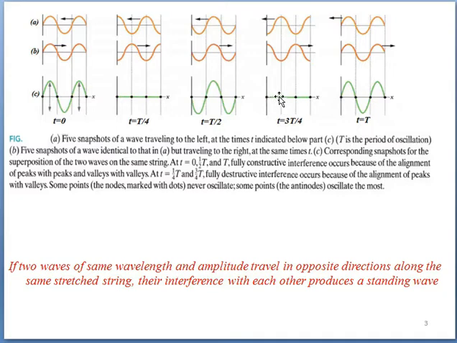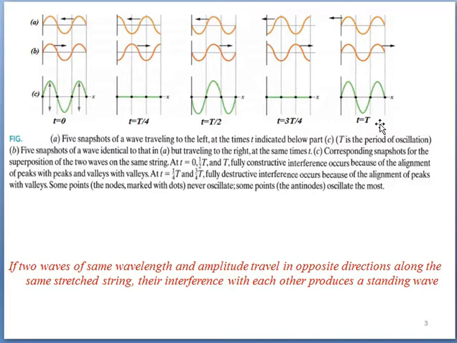That is a totally destructive interference. Here you have a fully constructive interference, at this time a fully destructive interference, here again fully constructive, fully destructive, and after t equal to one time period, again a fully constructive interference. But there are some points, denoted by the black dots, which always have 0 displacement.